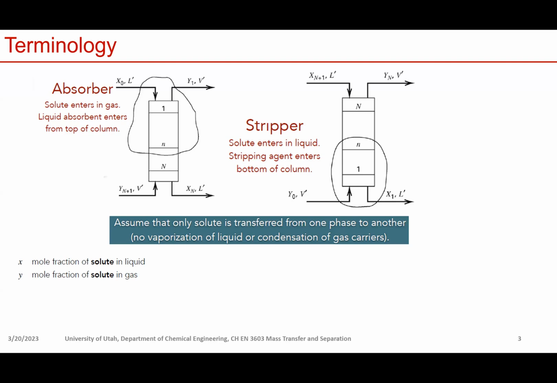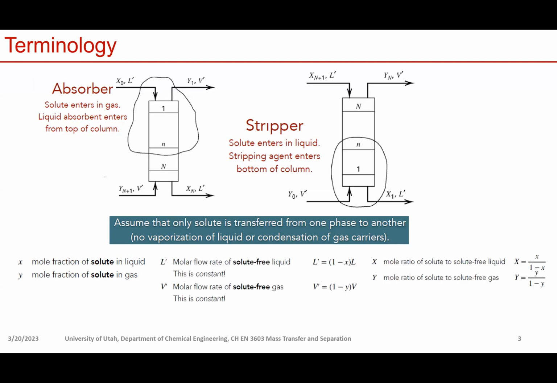Okay, so again, here we use lowercase x, y to describe the mole fractions of the solute in the liquid, that's x, and the gas phase, that's y. That's commonly used in all of our previous analysis. But here we use mole ratios instead of mole fractions.